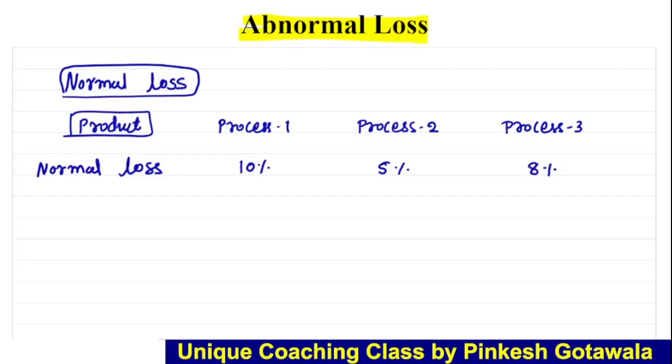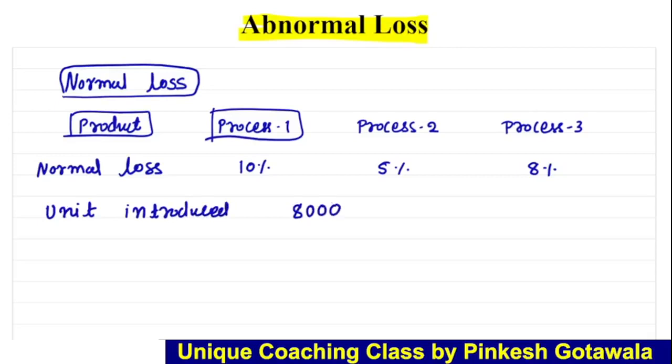Now suppose in process 1, I am talking about process 1, suppose 8,000 units are introduced, and they know very well that in process 1 there must be 10% loss. So it is called normal loss. 10% of which amount?